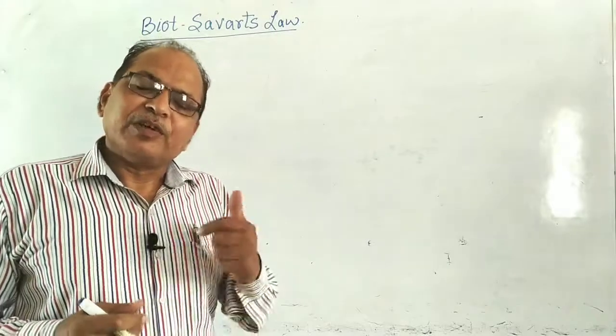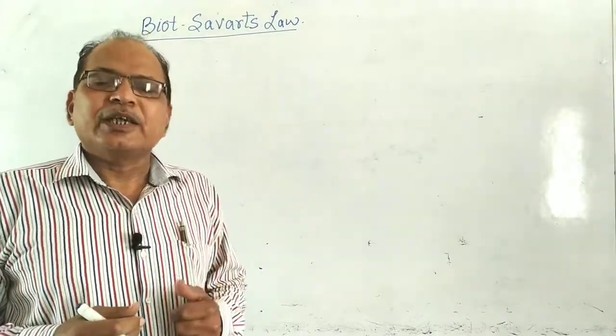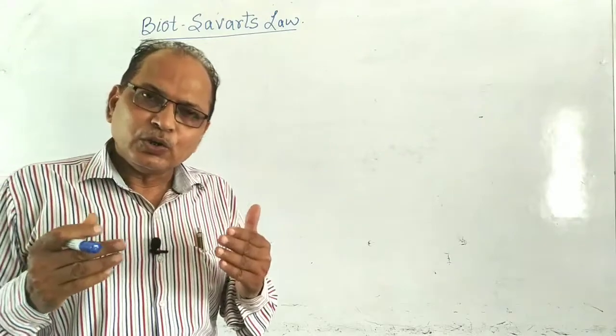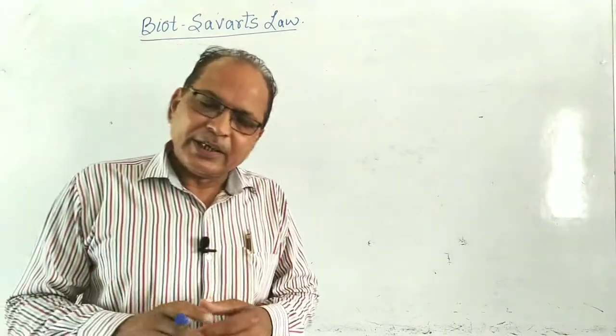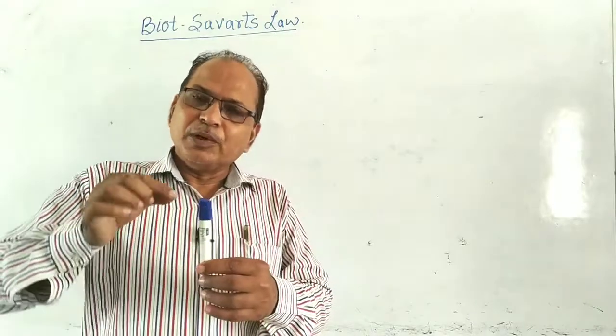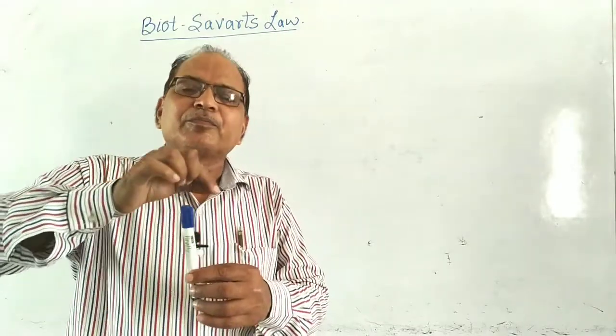Students, in the very beginning, we discussed that according to Oersted, the current carrying conductor develops a magnetic field around it.